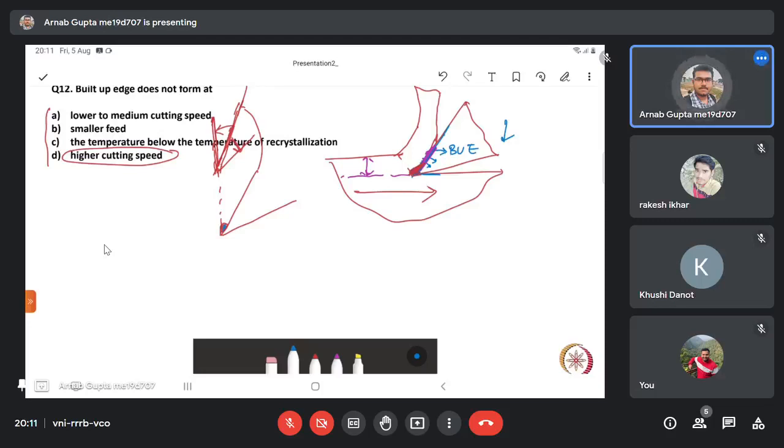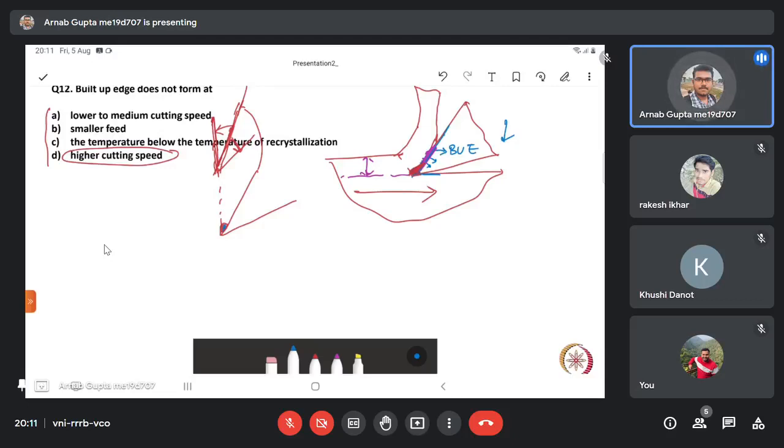Third of all, sometimes we add certain alloying elements to the tool to improve its machining properties, strength, wear resistance, and so on.